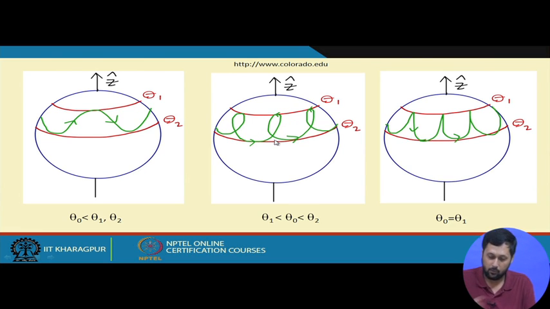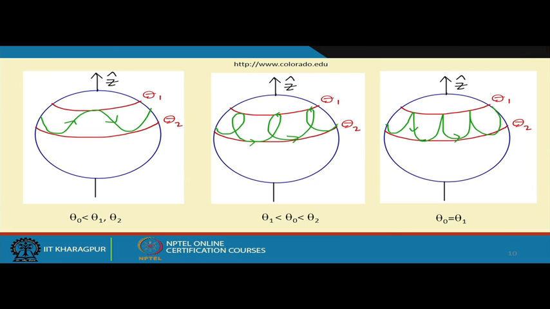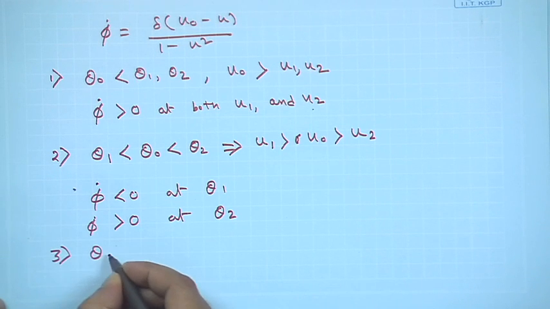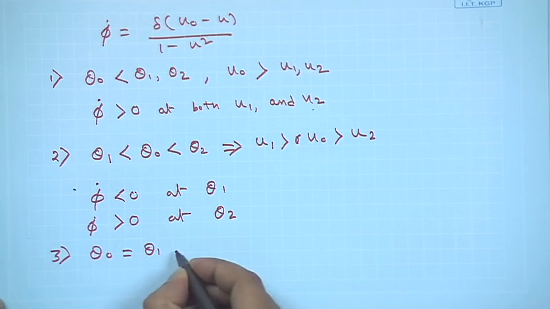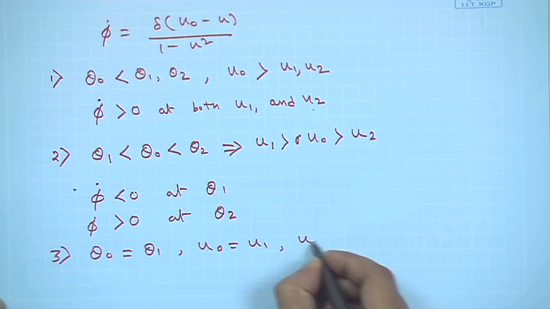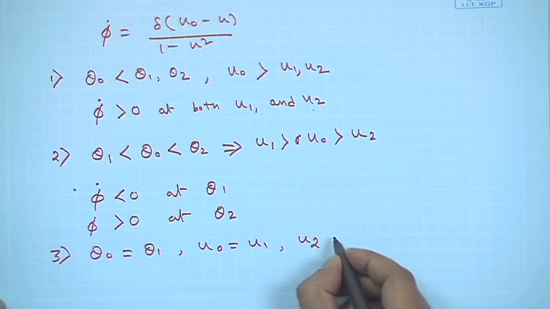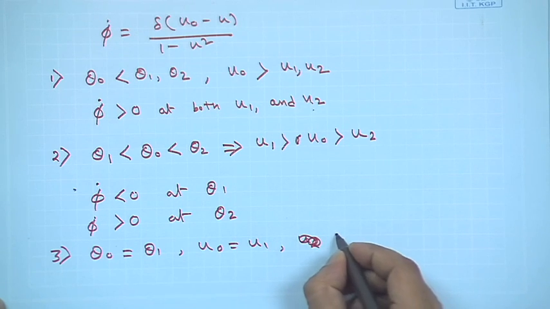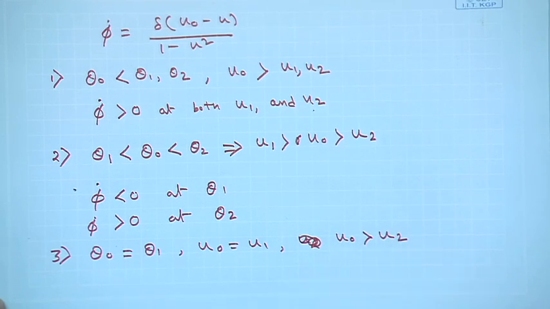Now, let us go to the third case, which is theta 0 equal to theta 1, that means u 0 equal to u 1, and of course u 0 greater than u 2.